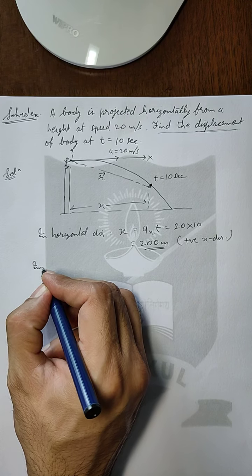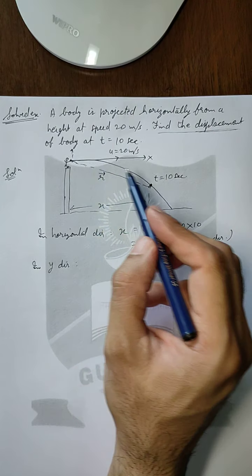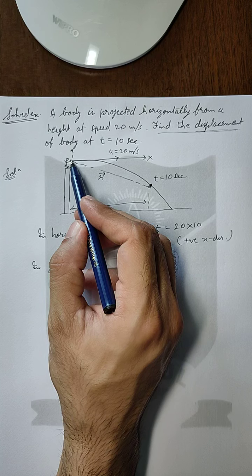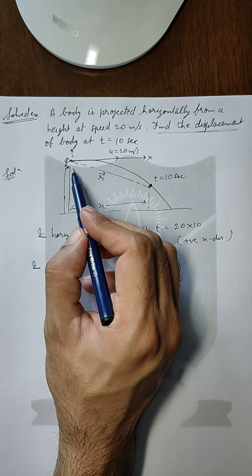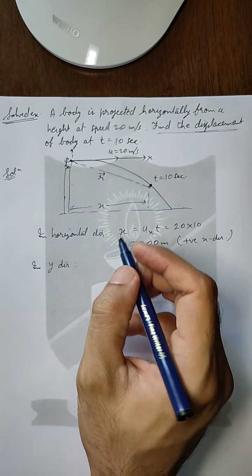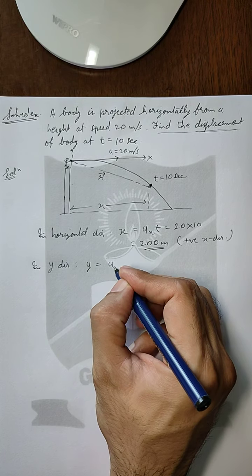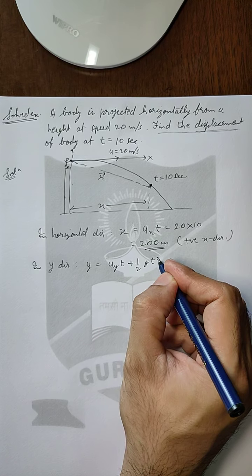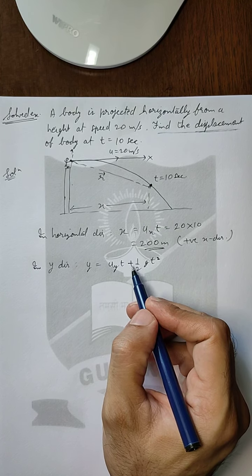Now in y direction, the body is going towards negative y. From here, if this is the point of origin and the body is here after 10 seconds, that means the body has covered a vertical distance in the negative y direction. So we will use the second equation of motion, y equals uy t plus half g t square. Now here we are not taking g as minus, we are taking it as positive. Why?